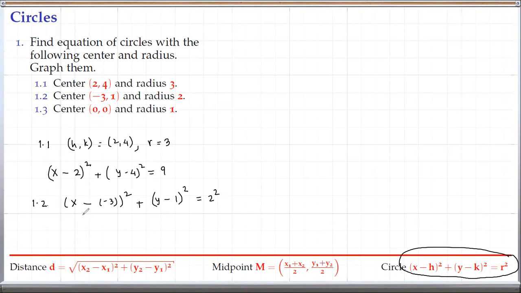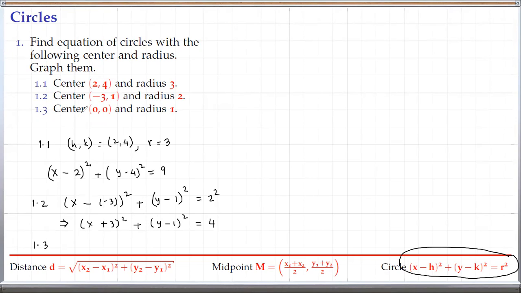Looks like we can simplify this part a little further. x minus -3 is x plus 3, so we get (x plus 3) squared plus (y minus 1) squared equals 4. So this is the equation for the second circle.